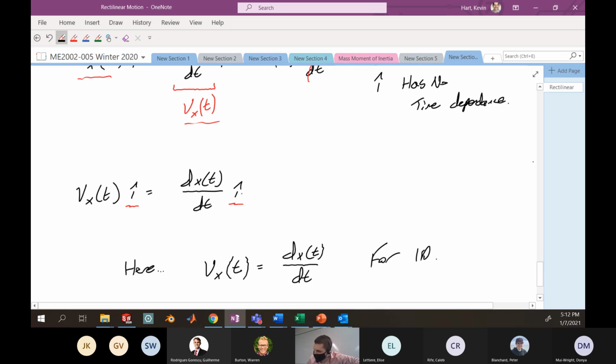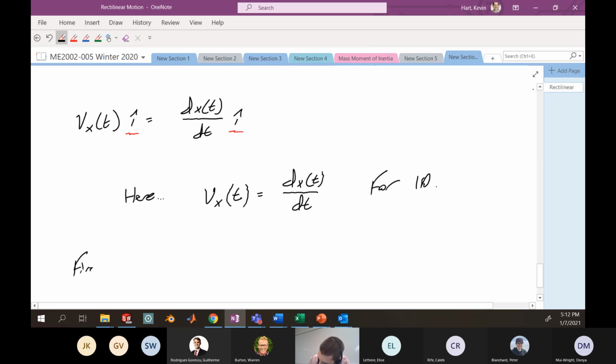So yes, the derivative of the magnitude of the position as a function of time is the velocity magnitude in this particular example.